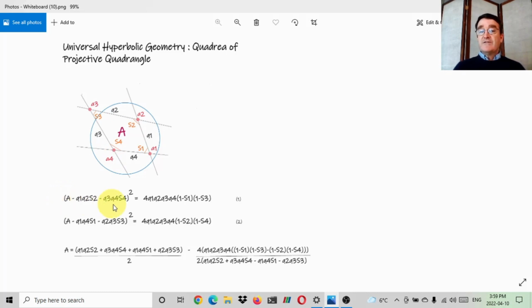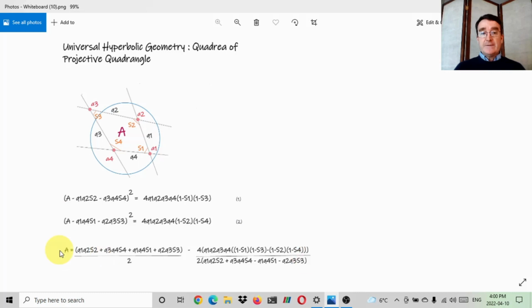it's given by these two quadratic equations in A, where A is the quadria of the projective quadrangle, Q1, Q2, Q3, Q4 are the quadrances of the sides, and S1, S2, S3, and S4 are the spreads. We found that these two quadratic equations are compatible, and they have a unique solution given by this expression right here.